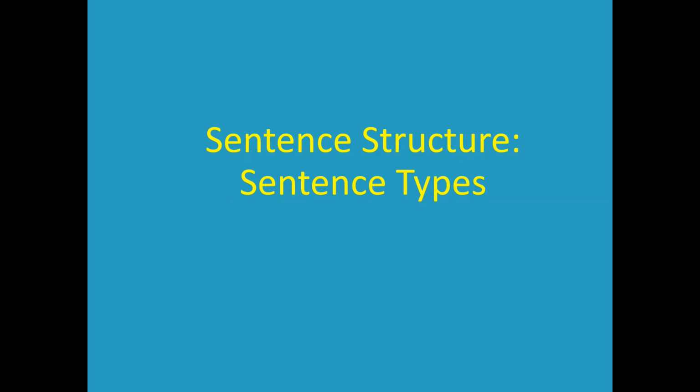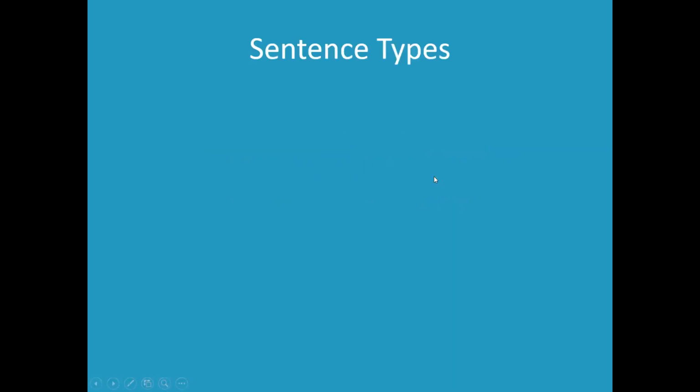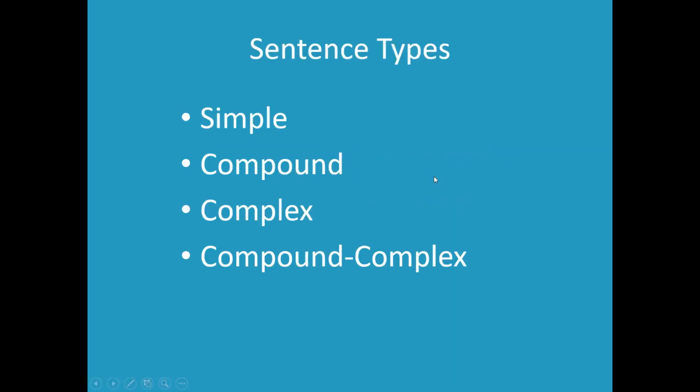But today we are going to learn about the types of sentences, especially the types of sentences which are based on structure and meaning. So as we know, there are three most important types of sentences: simple sentence, compound sentence, and complex sentence.